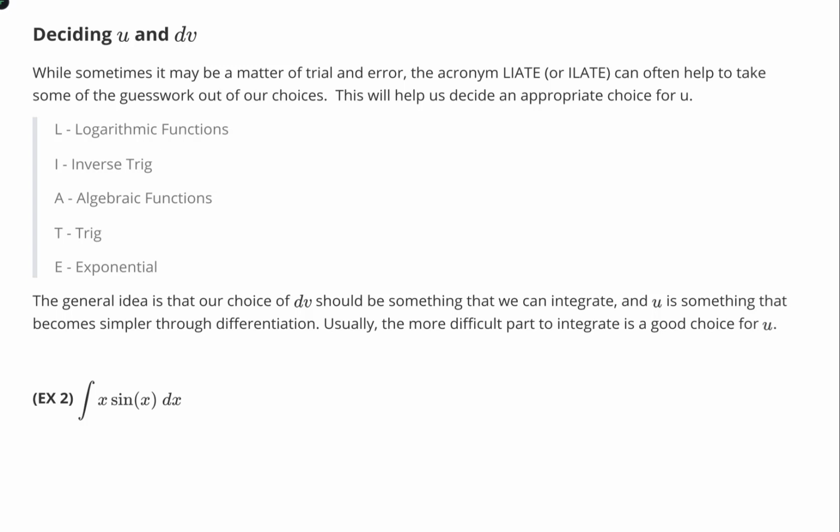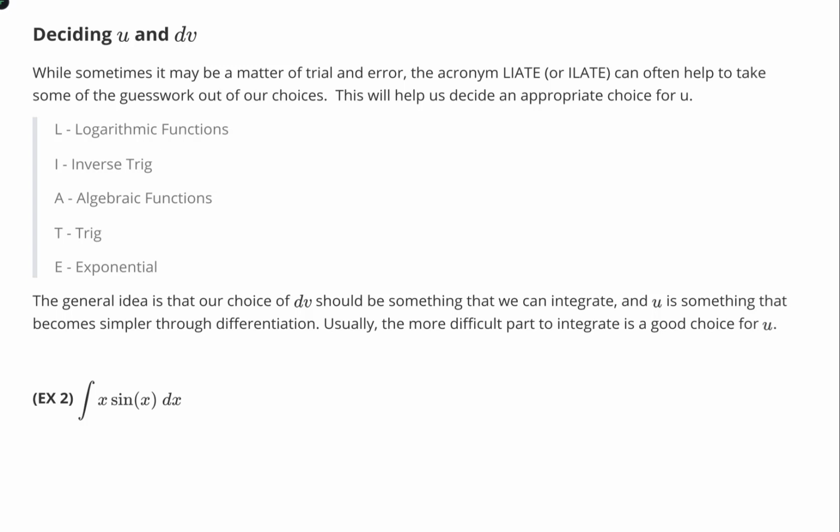Now, some instructors use the acronym ILATE, some use the acronym LIATE. It doesn't really matter what you use. I think ILATE is preferred just because it's a little bit more memorable than LIATE. Whichever is fine.